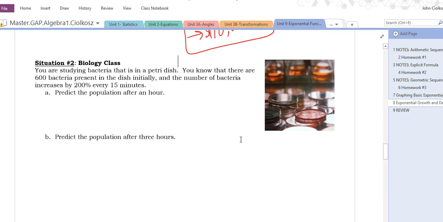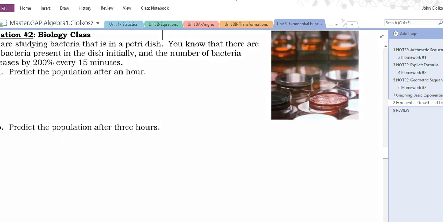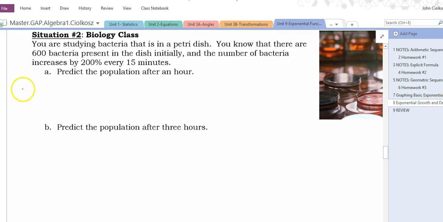Situation 2, biology class. You are studying bacteria that is in a petri dish. You know that there are 600 bacteria present in the dish initially, and the number increases by 200% every 15 minutes. So, for this one, our A is how much I'm starting with. So I know I got 600 that I'm going to start with.